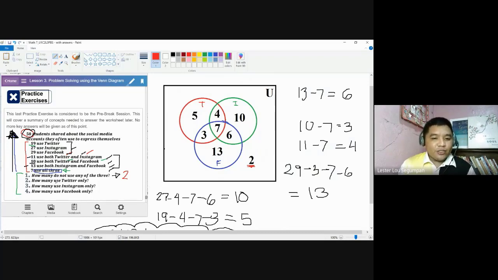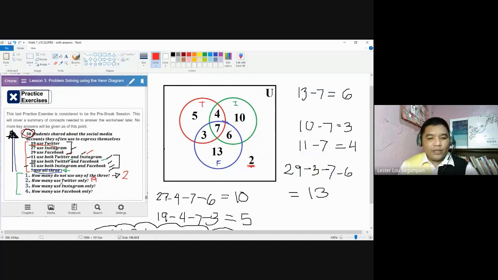Next, how many use Twitter only? Earlier, without this Venn diagram, you might say 19, because it's already given here that 19 use Twitter. But then again, I need to remind you that for those 19 students, some of them are also using other platforms. And when you look at this, where do we see our answer here?